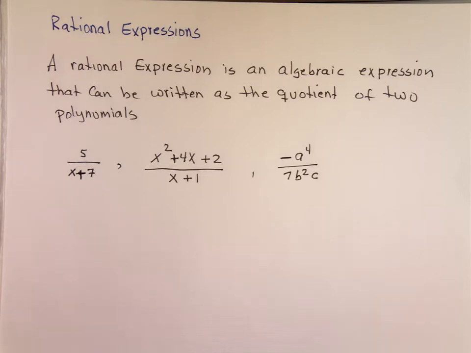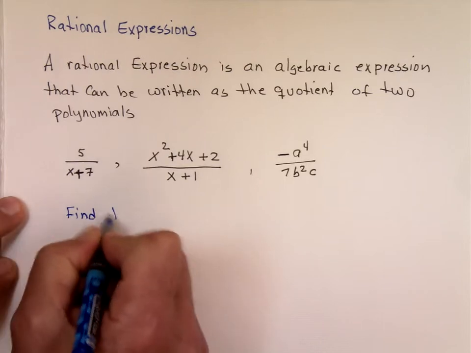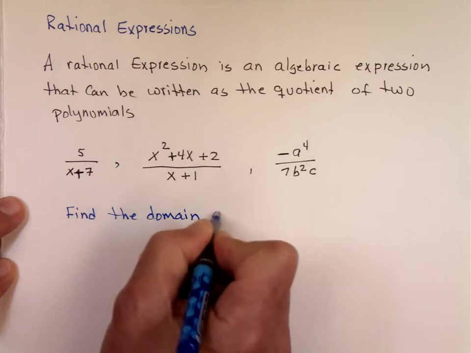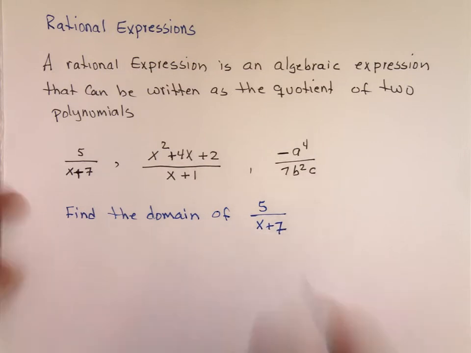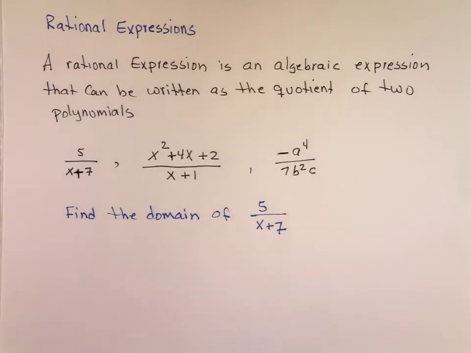Now, let's talk about the domain of these. When we ask you what is the domain of the rational expression, for example, if I write this problem, find the domain of 5 over x plus 7, that means find the x values that, if you plug them in, you will have an answer to this rational expression.